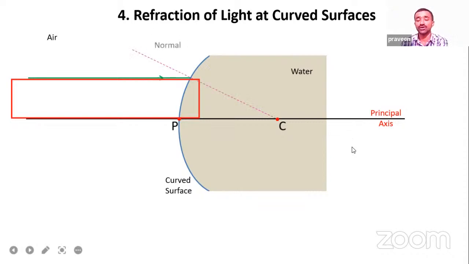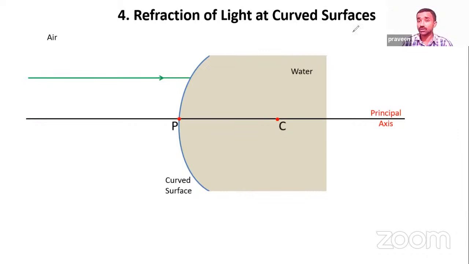After drawing the line parallel to the principal axis, represent it as a light ray. Then remove your scale from there. After that, use the scale to connect the point of incidence and the center of curvature. Then draw a dotted line as you see on the screen. This dotted line represents the normal here.